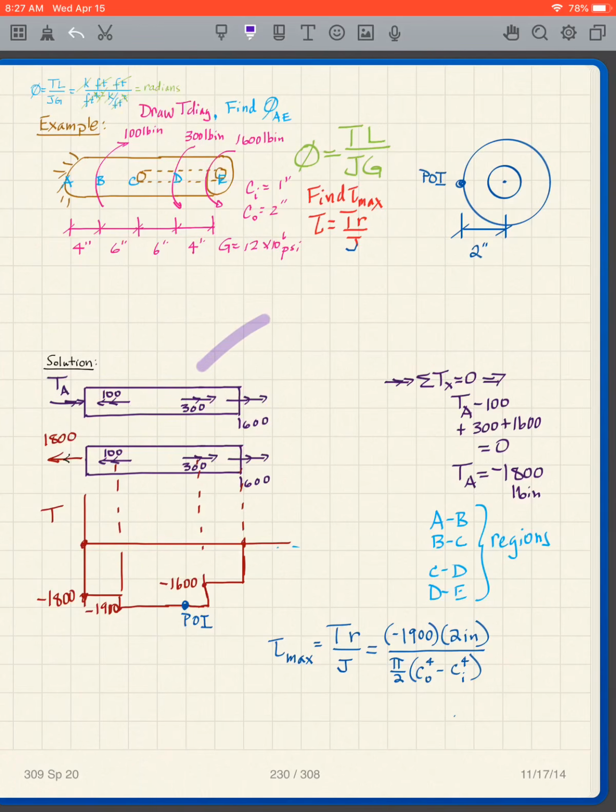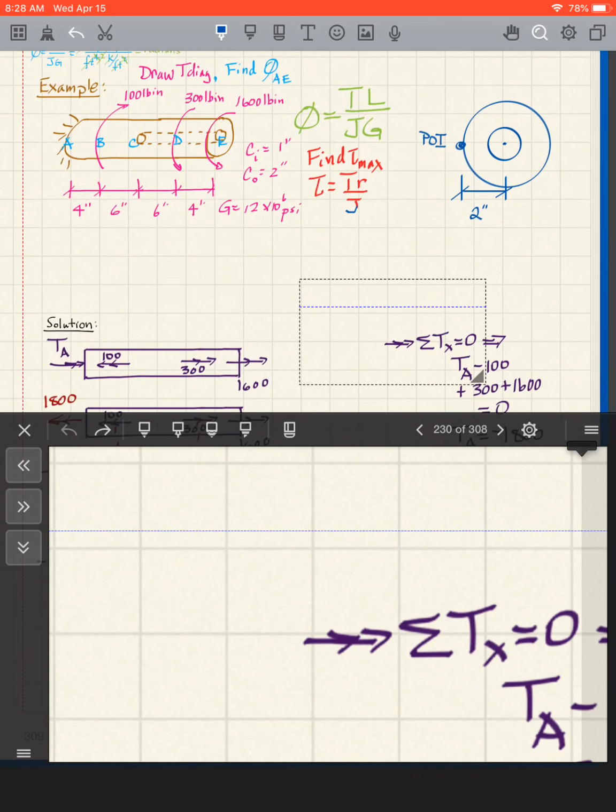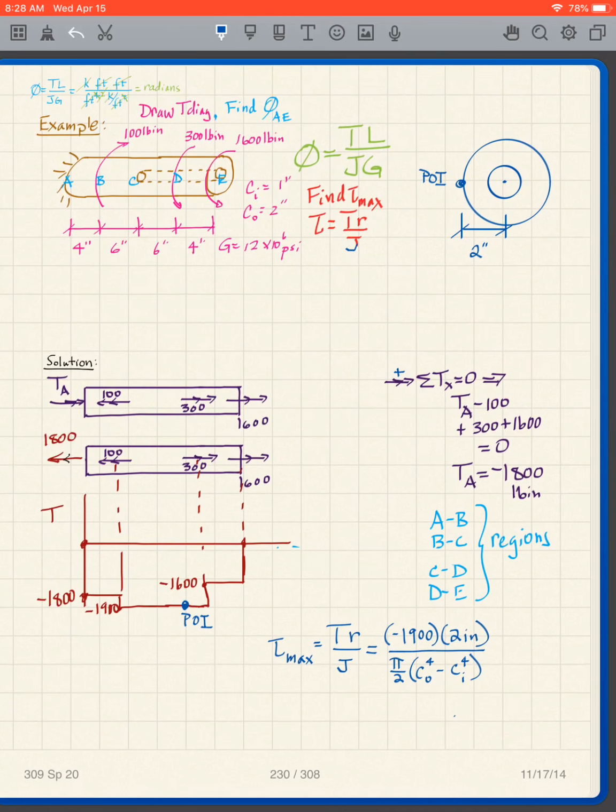I look at this free body diagram and write this equation, with going to the right is positive. So I have TA, because it's going to the right, minus 100, it's to the left, plus 300, it's to the right, plus 1600, it's to the right.